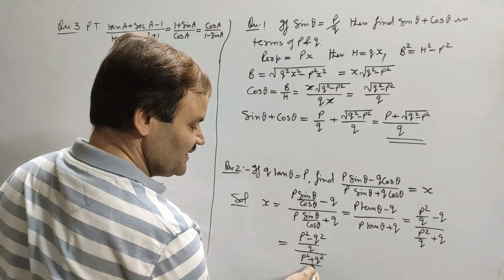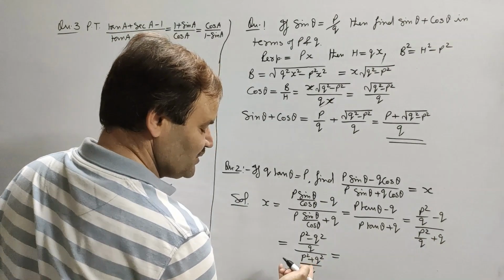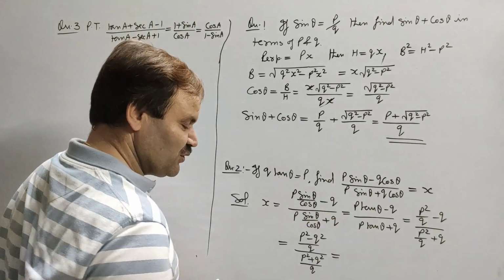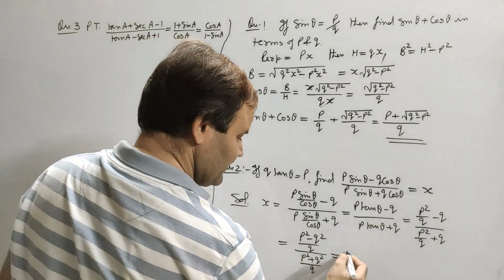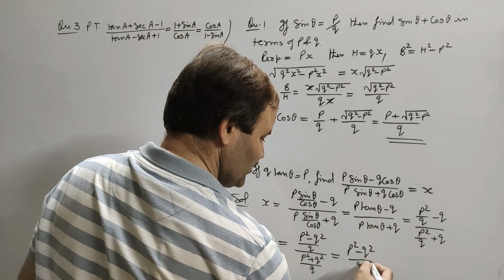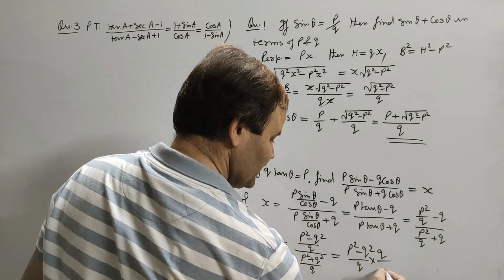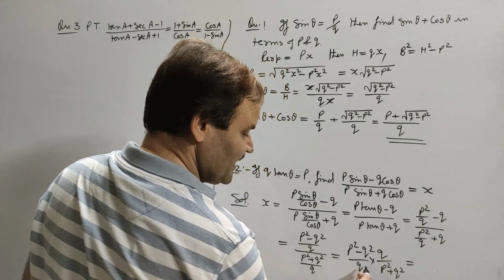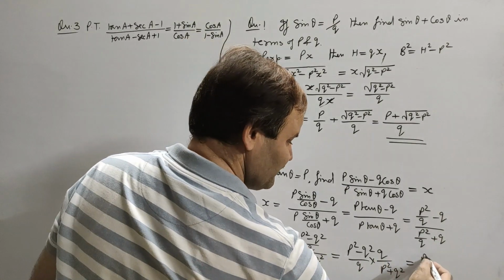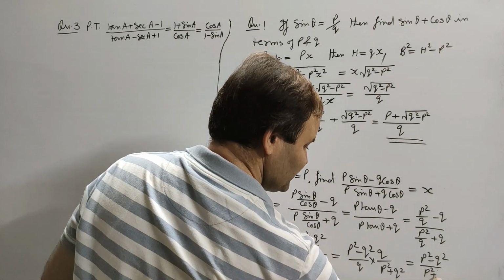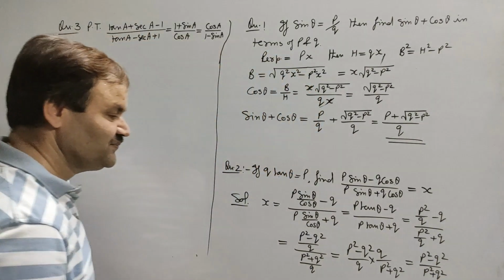These q's will be cancelled because the denominator will get multiplied after being reciprocated. So it will give p square minus q square upon q multiplied by q upon p square plus q square. This will give, q will get cancelled, p square minus q square upon p square plus q square.